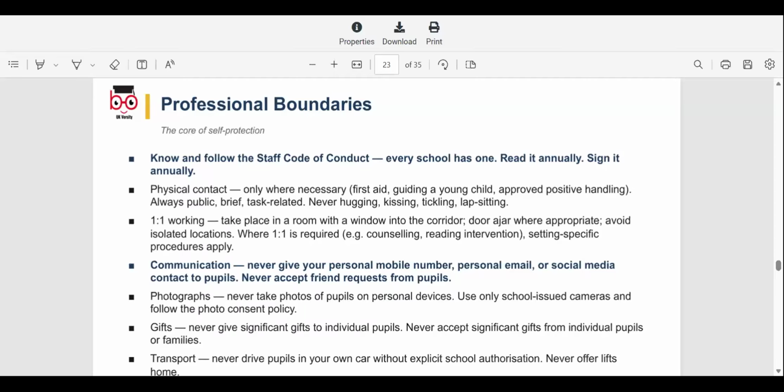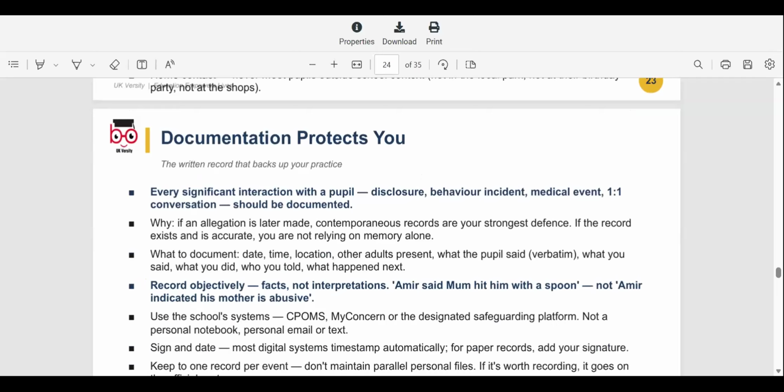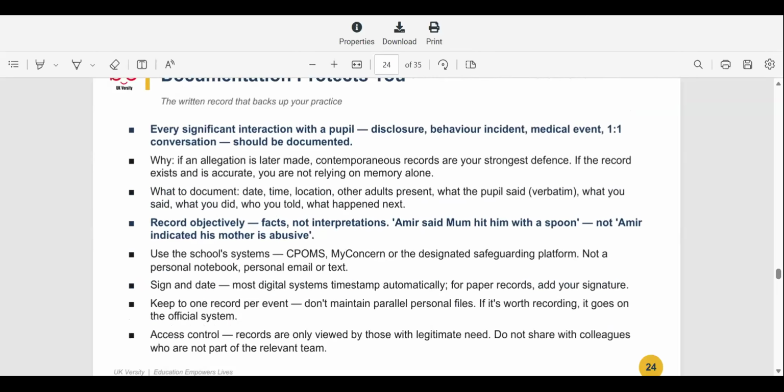So it defines your role. Documentation protects you, so everything is documented. It's really important that every single interaction you have with a student is documented, because it keeps everything safe and makes sure everything is noted. Use the school system, and sign and date everything as well.